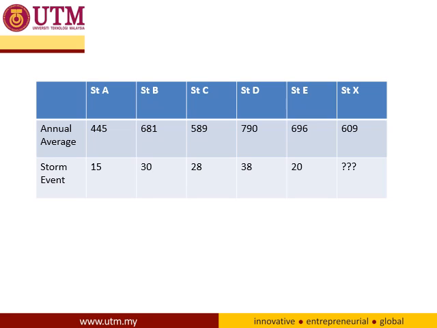So this is the example of the data. We have here annual data. Annual means we total all the rainfall in 1 year, and then we average it. So this is the annual average. And then we have the storm event. Let's say this was the 1 January 1990 storm event.